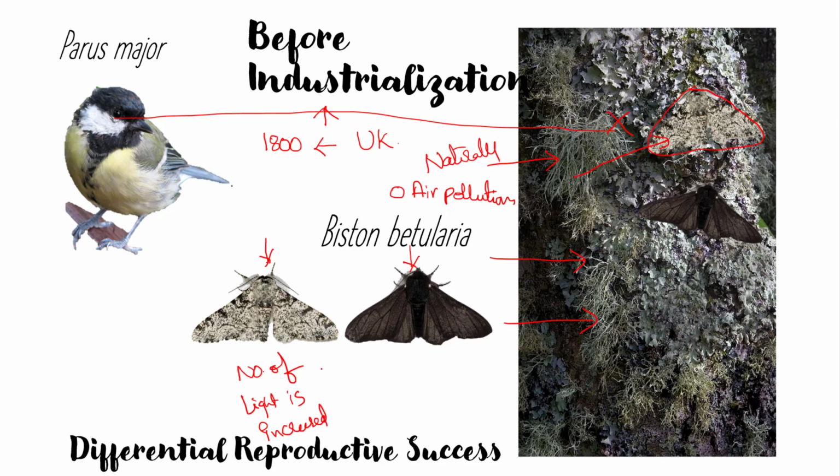Similarly, when we talk about the dark colored moth, the predators can very clearly observe the dark colored moth on a light background.